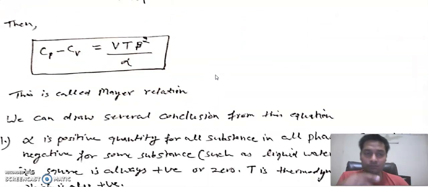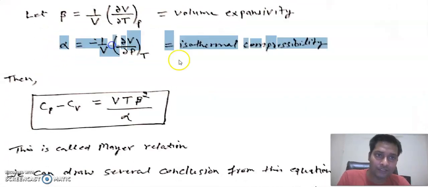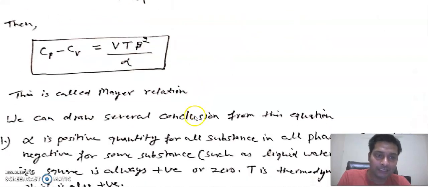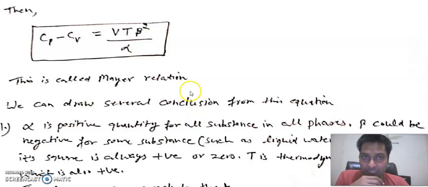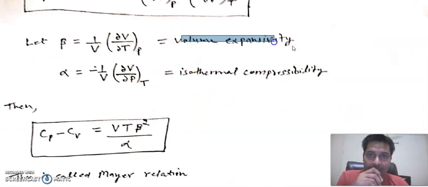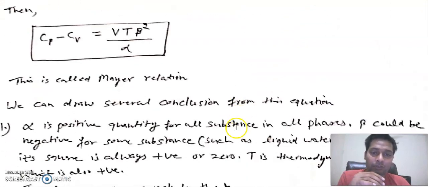Now the alpha, which is isothermal compressibility, is always a positive quantity, and beta, which is volume expansivity, is positive for most substances, but it can be negative.